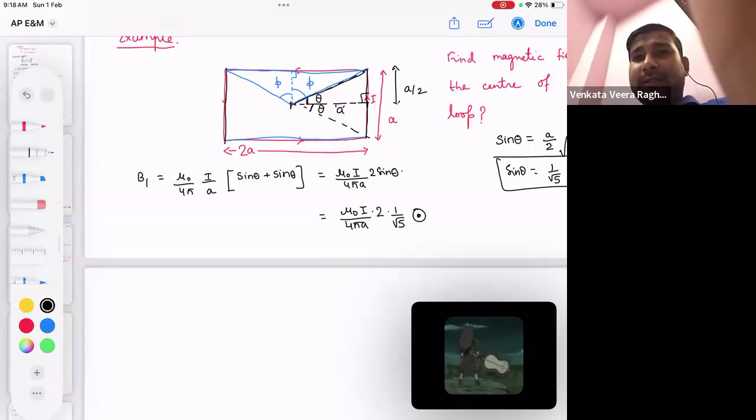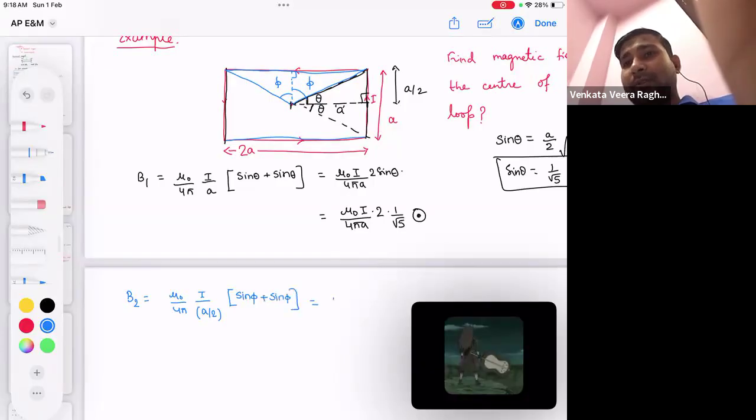Next, due to the blue color horizontal segment: mu naught by 4 pi, current is I, perpendicular distance is a by root 2, and the angles alpha and beta are both the same, sine phi plus sine phi. So mu naught by 4 pi, 2I by a, and 2 sine phi we can write.